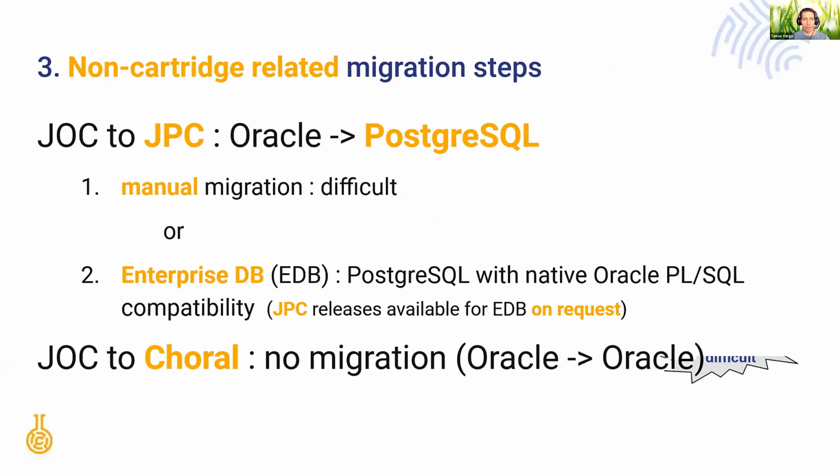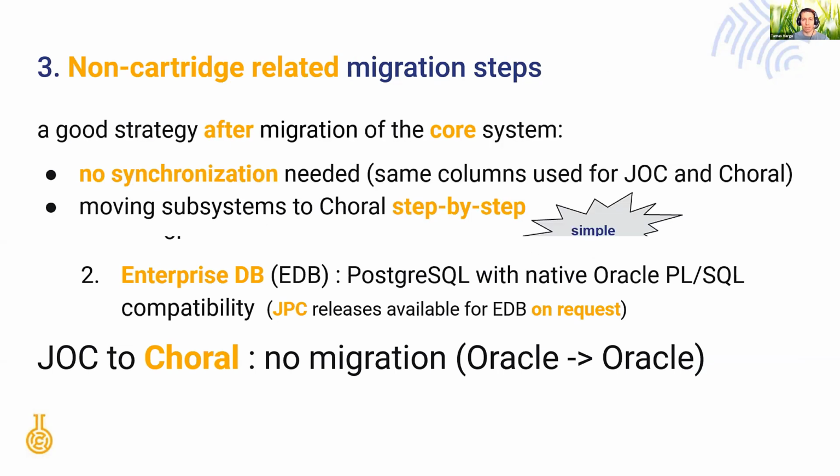About migration, there are some migration steps that are non-cartridge related, and there are some that are cartridge specific. First, about non-cartridge related: if you go to JPC, then you are moving, and again I have to highlight this, from Oracle to PostgreSQL, and that's the difficult point.